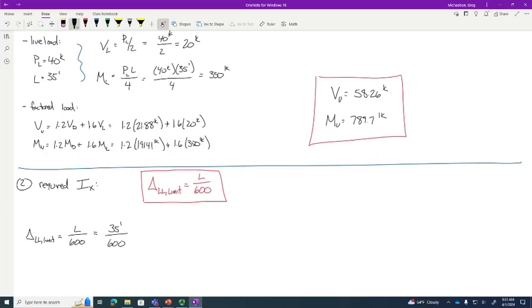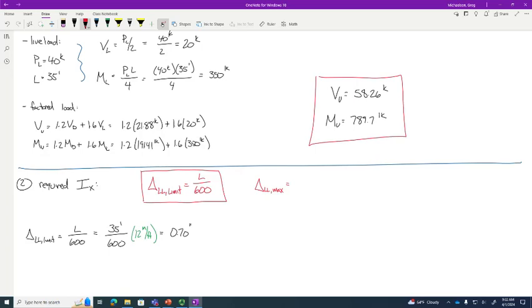Now, 35 over 600 is going to give you an answer in feet. This is something we need in inches. So when we chug this out, what do we get? 35 times 12 over 600. 0.7 inches. Okay? Now, what is our maximum live load deflection going to be?